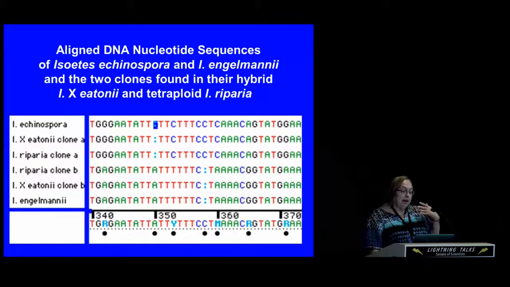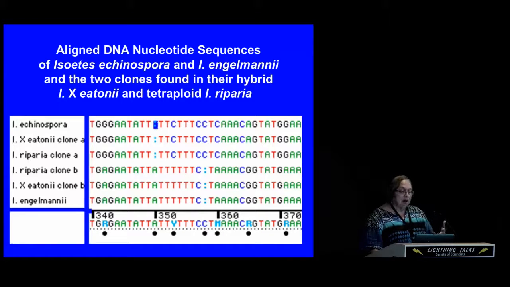We isolated leafy sequences from the two parental diploids, and because these are hybrids of two genome types, we had to clone the leafy intron region. What we see in the hybrid and in the tetraploid are sequences corresponding to both Echinospora and Engelmannii, so that's what you'd expect from a nuclear gene.